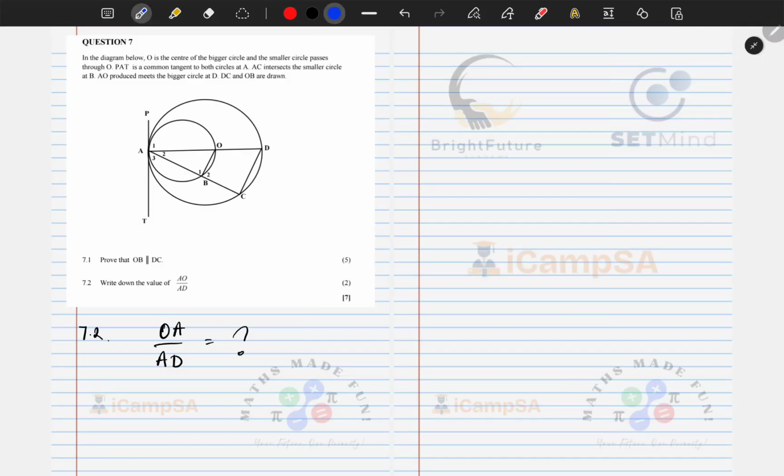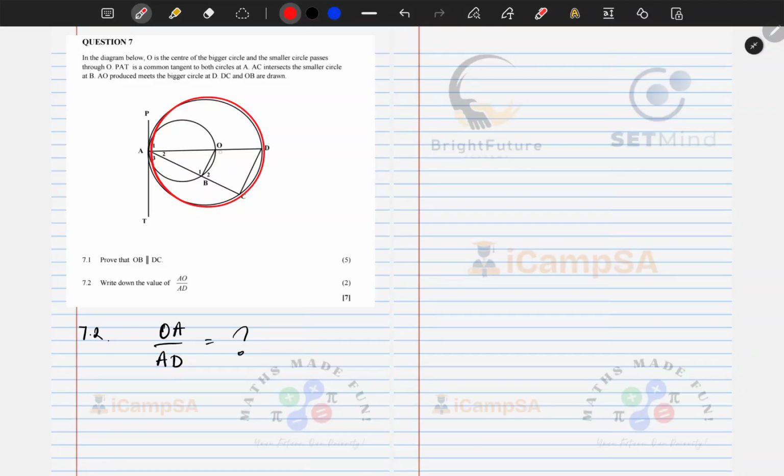So what is OA here? Let's look first at the bigger circle. So OD, if we are looking at the bigger circle, AD is going to be the diameter of the entire bigger circle.